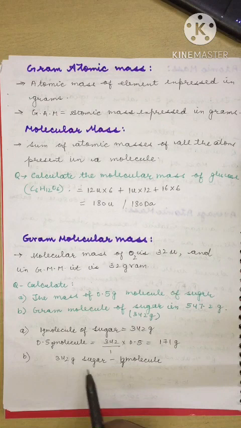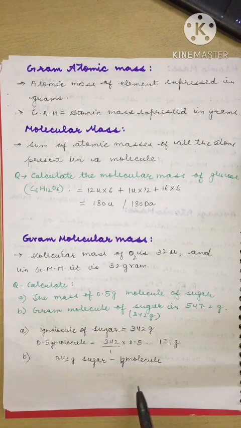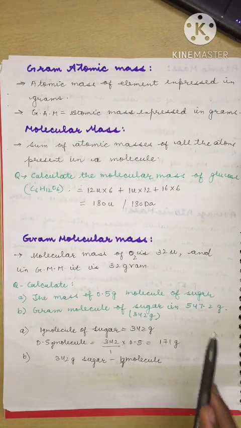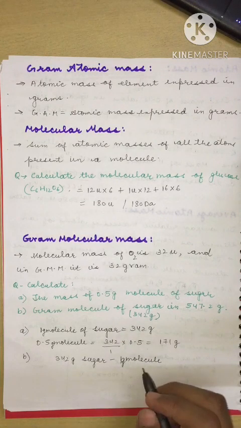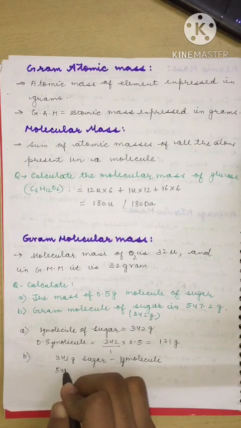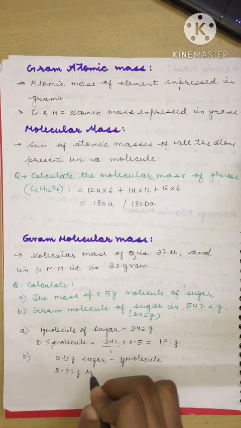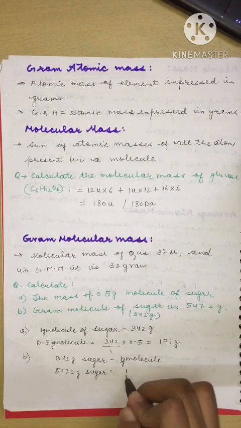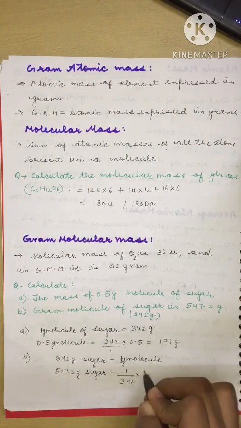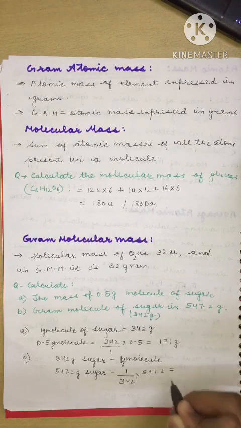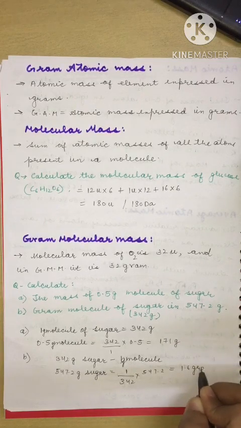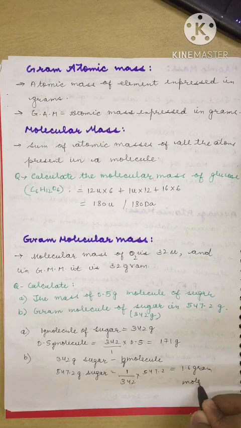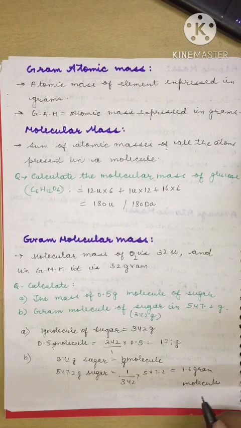So 342 gram of sugar contains 1 gram molecule of sugar. So the gram molecules of sugar in 547.2 gram will be equal to 1 upon 342 into 547.2, that is 1.6 gram molecules, which means in 547.2 gram sugar you have 1.6 gram molecules of sugar.